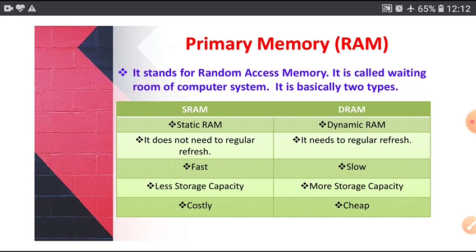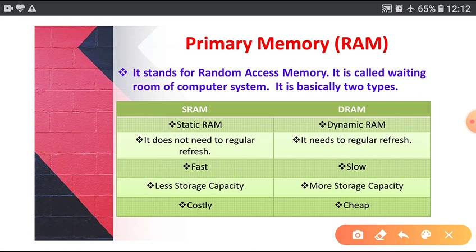Primary memory: RAM and ROM. RAM stands for random access memory. It is called the waiting room of the computer system, where incoming and outgoing data are temporarily stored.